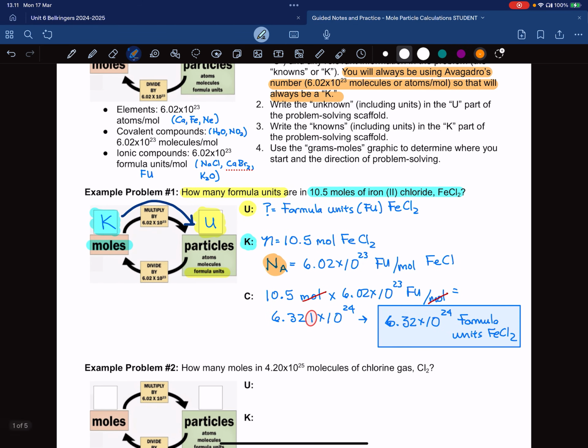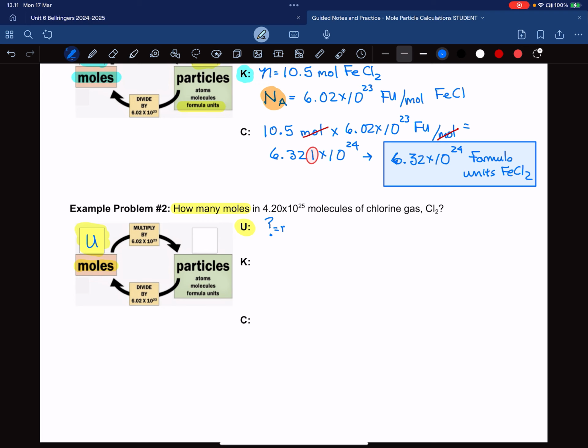Okay, so moving on. How many moles? So this is moles, so there we are. That is going to be my unknown. How many moles of chlorine gas are there in 4.20 times 10 to the 25th molecules of chlorine gas?